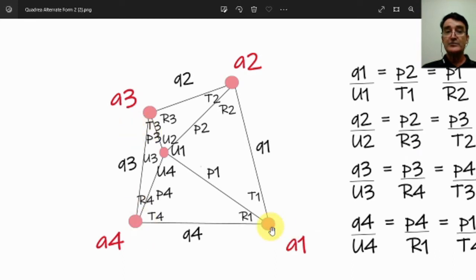And finally the fourth triangle, A1, A4, A5: Q4 divided by U4 is equal to P4 divided by R1, and that's equal to P1 divided by T4.